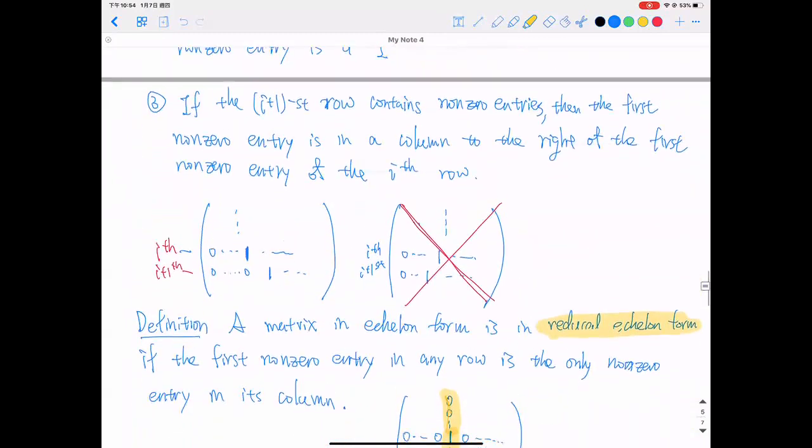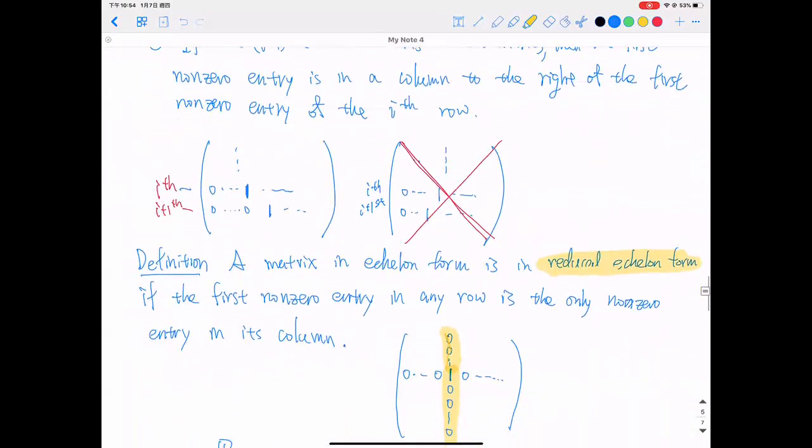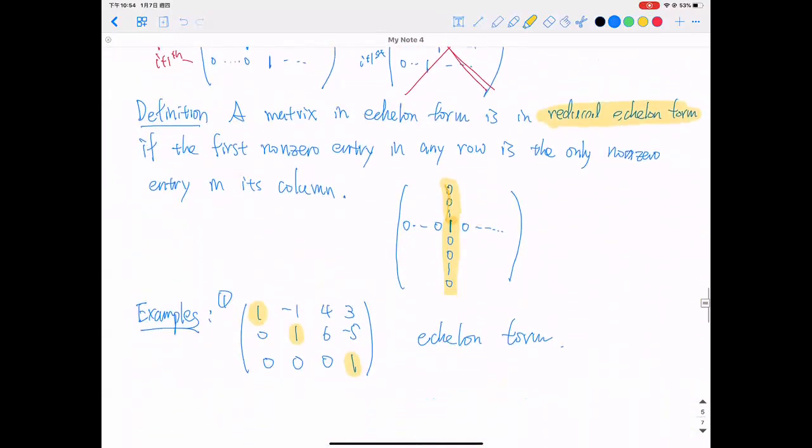And lastly, the last condition is about the first non-zero entry sitting towards the right of the first non-zero entry of the previous row. That condition has nothing to do with the first row. But for the second row, the first non-zero entry is here. That's to the right of the first non-zero entry of the first row. And similarly for the non-zero entry on the third row.